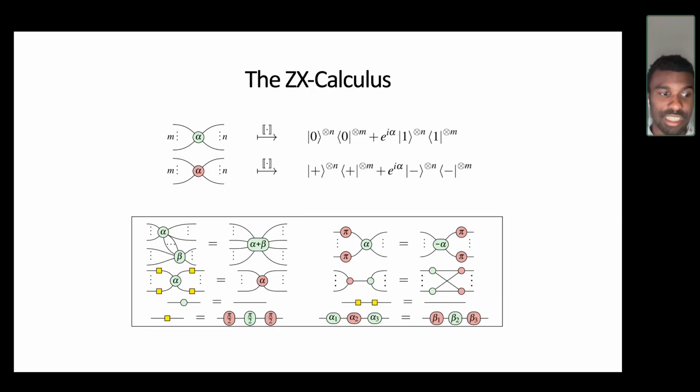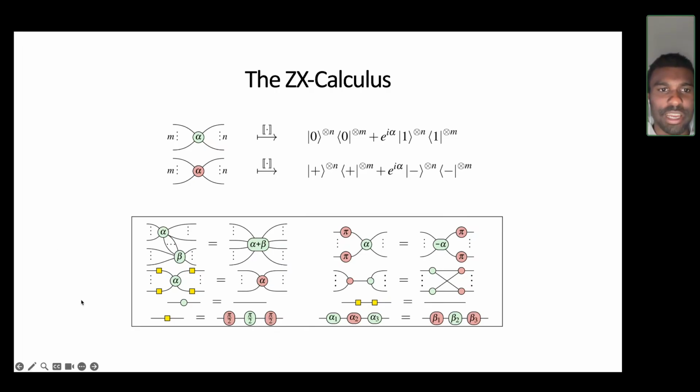It's found uses in all sorts of areas of quantum computing. I couldn't name all of them off the top of my head, but it's been used in quantum error correction, quantum chemistry, circuit synthesis, really all sorts of things. But I shall digress a little bit.